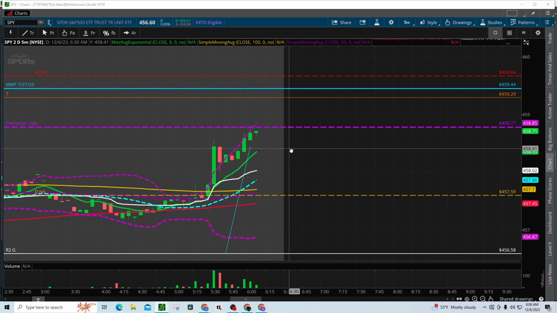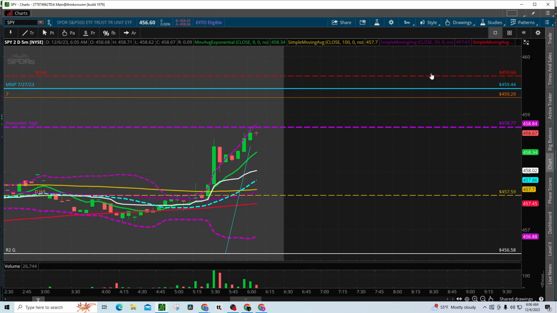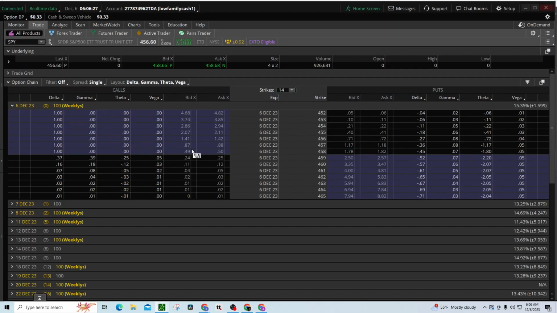Okay, so the next one I'm going to pull up, because these are up 2 points, this is weird option pricing here on the deltas.